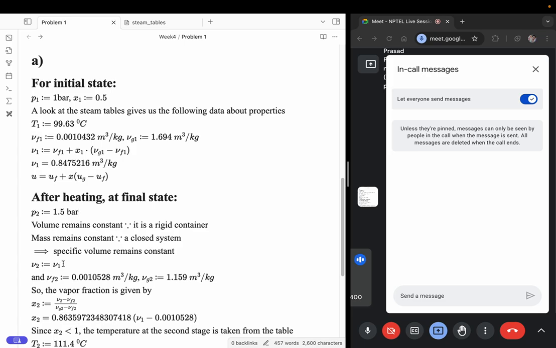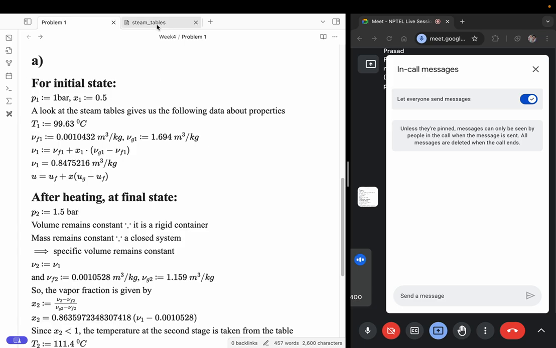But now we have to find the value of temperature at this particular stage. How do I calculate that? After heating, we know only the pressure. We do not know the vapor fraction. Like we said, in order to locate any point inside the dome, you need at least two independent properties. Pressure is 1.5 bar, and now I know specific volume as 0.8475.